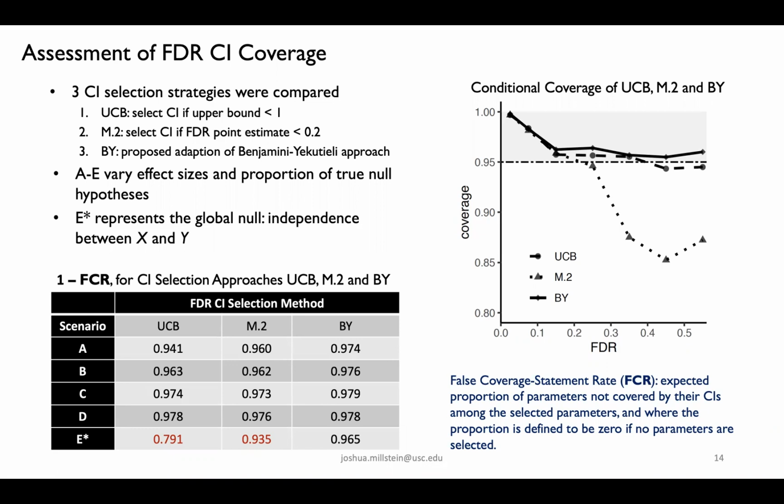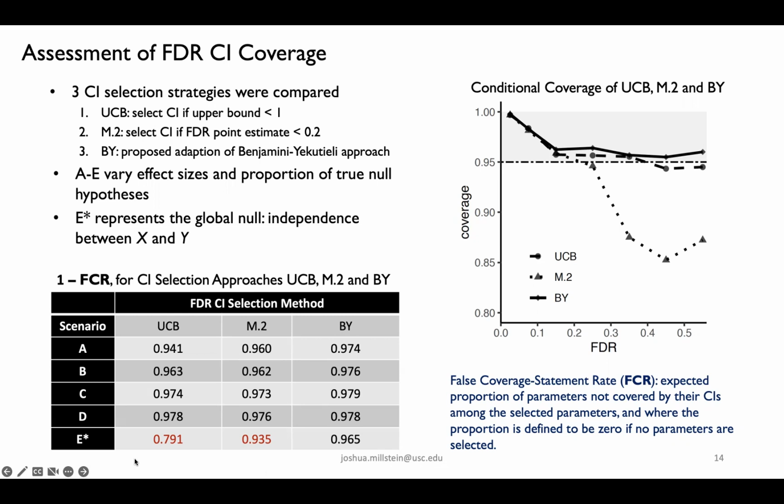Perfect coverage would be 0.95, using an alpha level or an FDR target level of 0.05. And what you see here is for the scenarios A through D, which all have false null hypotheses, coverage is conservative overall and pretty good. Maybe a little conservative for some, but basically good and certainly conservative.